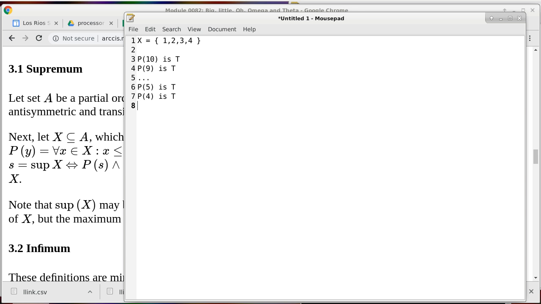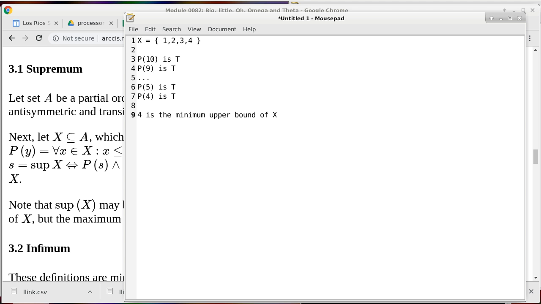Is that okay? All right. So we'll say here, 4 is the minimum upper bound of X. Because you cannot find me another value that is less than 4 that can still make the predicate P true. Is that okay?